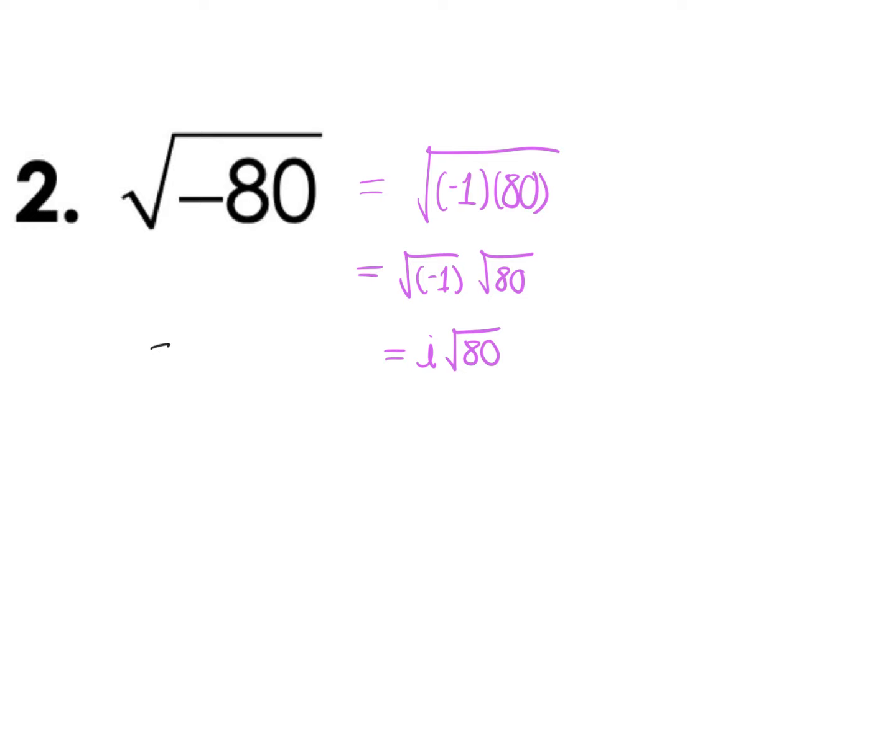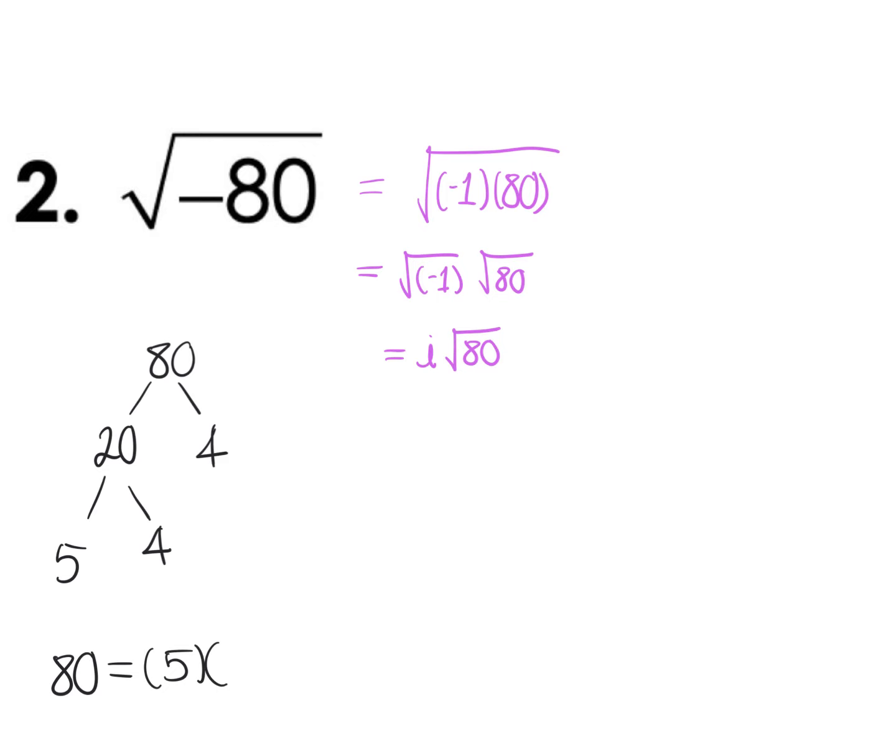So we're going to make a factor tree for 80. I already see 4 is part of it, and that's going to split it into 20, which is then going to split into 4 and 5. So 80 is the same as 5 times 4 squared, which is 16.